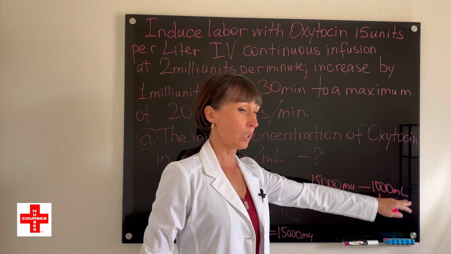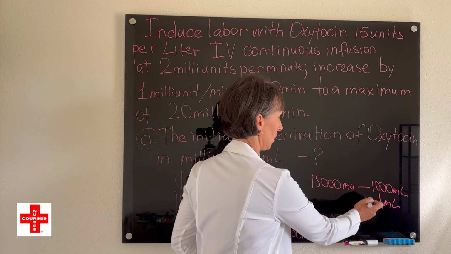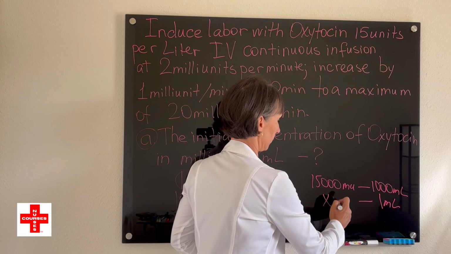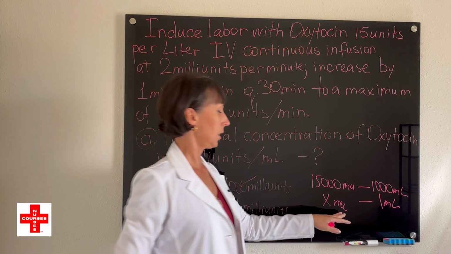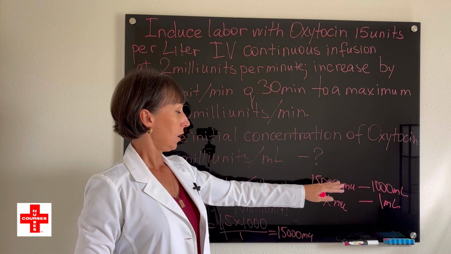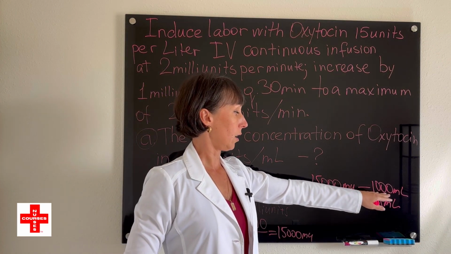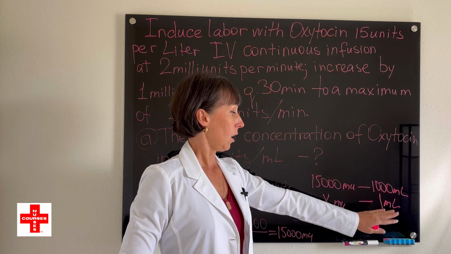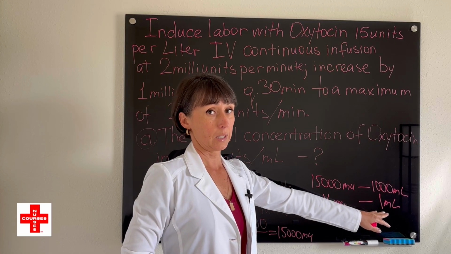1 milliliter, I'm putting milliliters under milliliters, is X milliunits. So 15,000 milliunits are in 1,000 milliliters. What is it per milliliter?